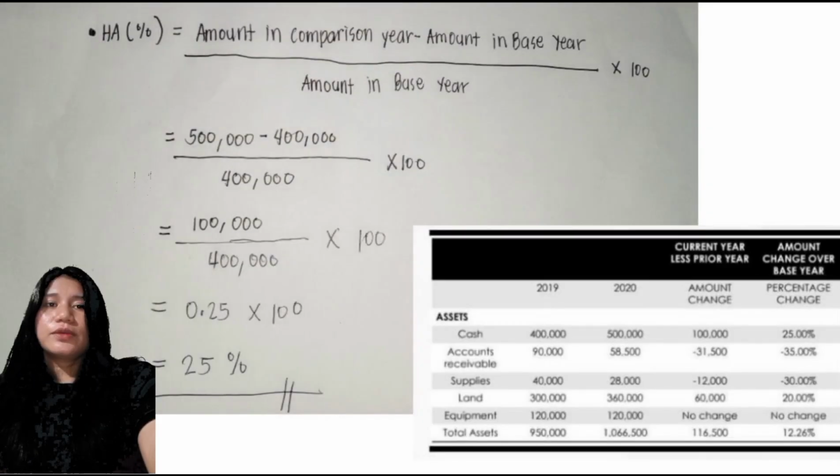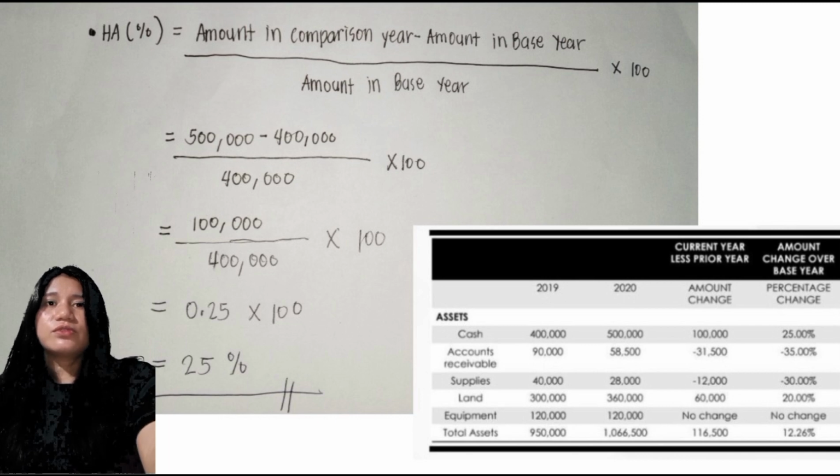Next is to compute the percentage change. The formula is horizontal analysis equals amount in comparison year minus amount in base year, over amount in base year, times 100. So the amount in comparison year, which is 500,000, is subtracted by 400,000, which is the base year, over 400,000 times 100.